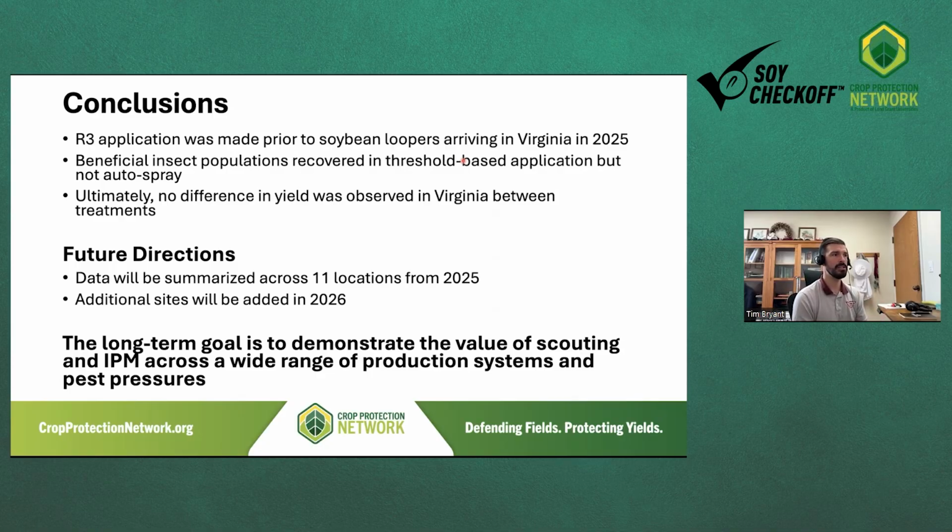Our long-term goal is to demonstrate the value of scouting and IPM across a wide range of production systems and pest pressures. Then we'll have regional data so that an extension specialist in North Dakota can say, here's the data that I have for our state, and here's what I would recommend you do to get best return on investment. And here's how that also works across all these different areas and different production systems.